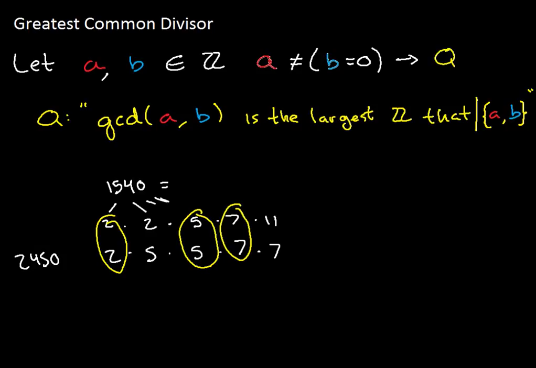So then you consider the three integers, and you multiply them all together. So 2 times 5 is 10, times 7 is 70. So your greatest common divisor between A and B is 70. And you're done.